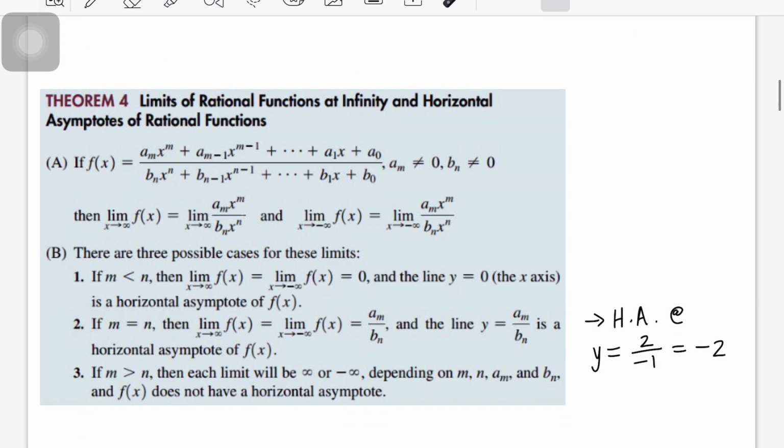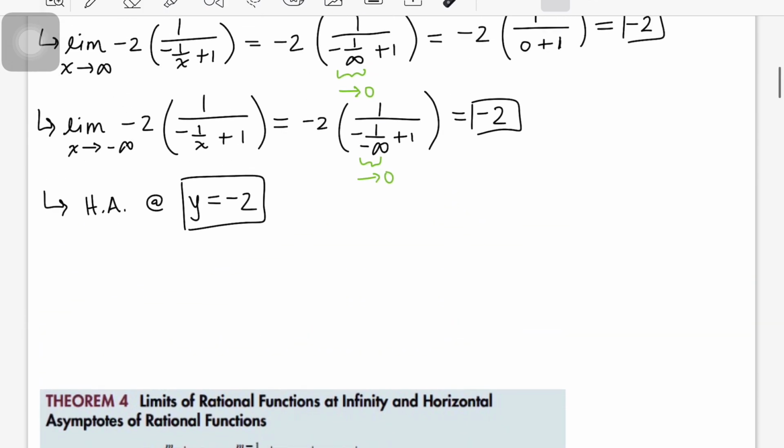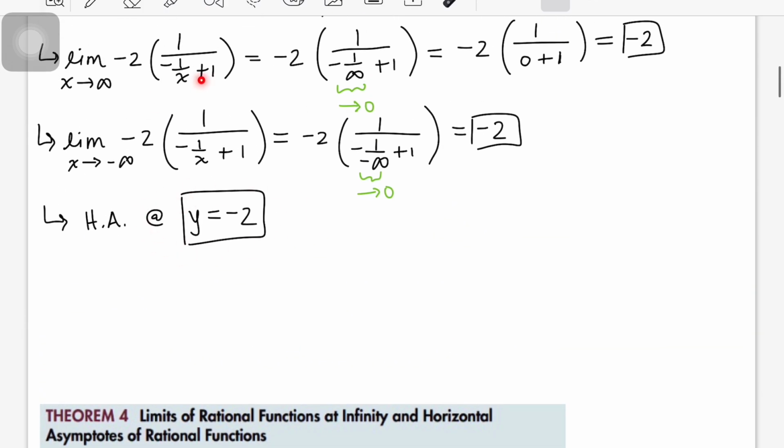So we have this second case here, where m is equal to n. And in this case, the line y here is going to be our horizontal asymptote. So that's going to be the coefficient of our leading term in the numerator, which is 2, over the coefficient of our leading term in the denominator, which is negative 1. Okay? So doing that, we will see that we get a horizontal asymptote at y is equal to negative 2 here, which is what we got doing this here.